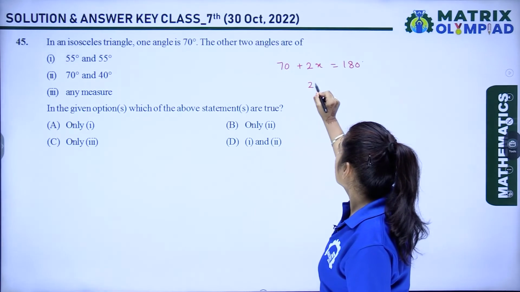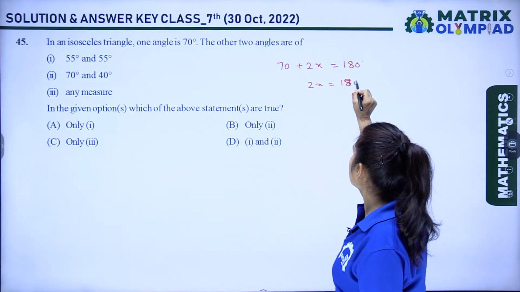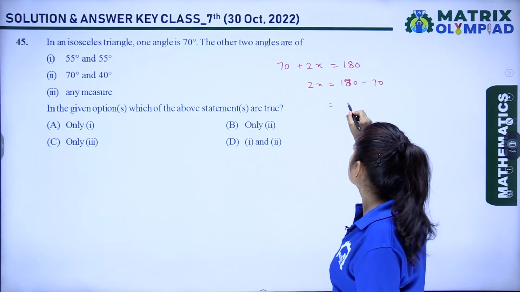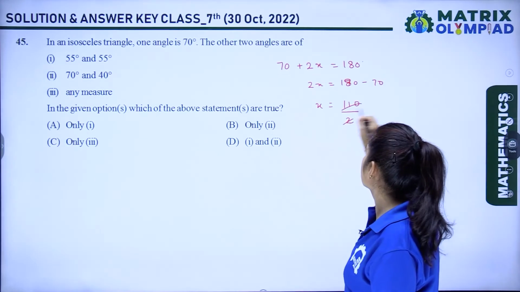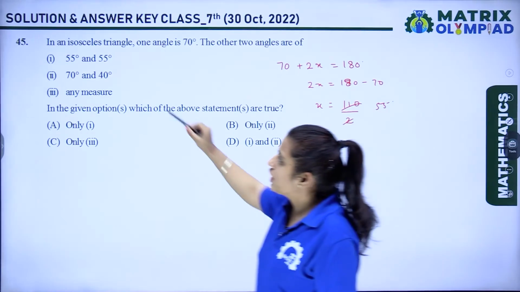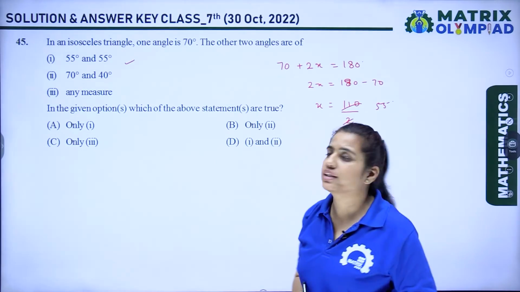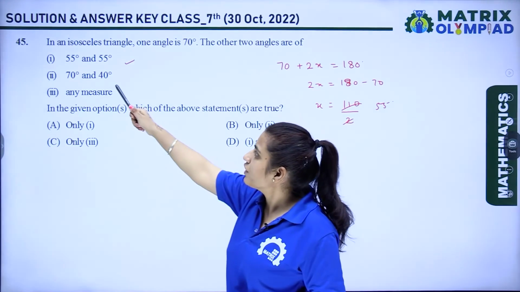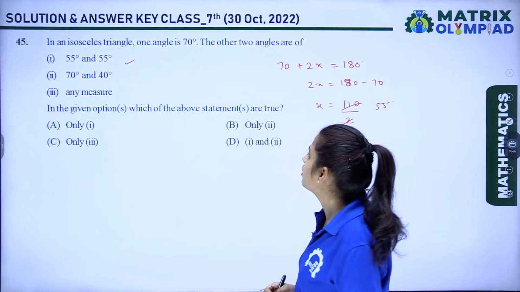Now 2x is equal to 180 minus 70, so we get 110. The value of x will be 55 degrees. So we can say that option A is the correct one, as in an isosceles triangle two sides are equal. So 55 degrees and 55 degrees is a possible answer.